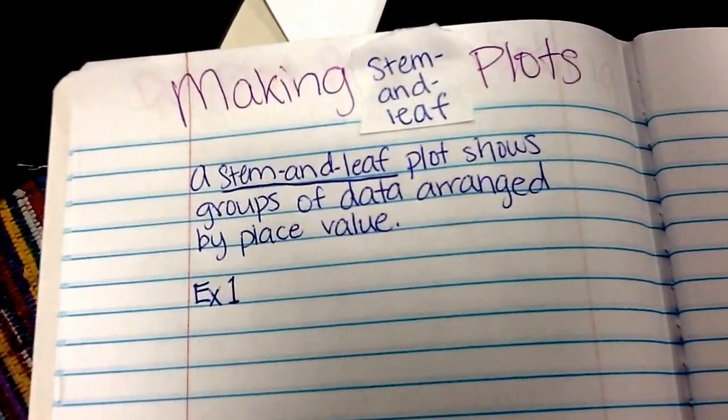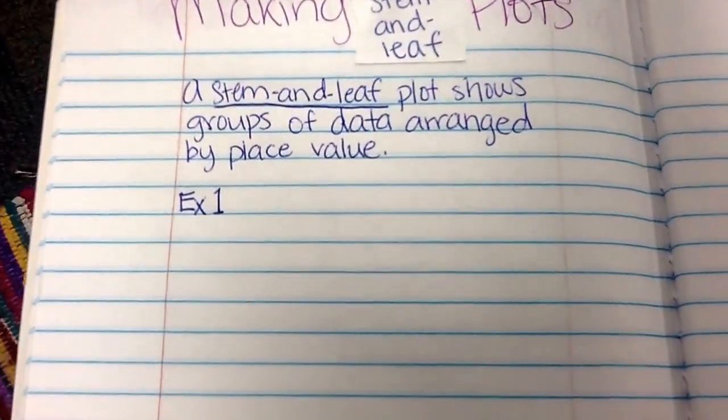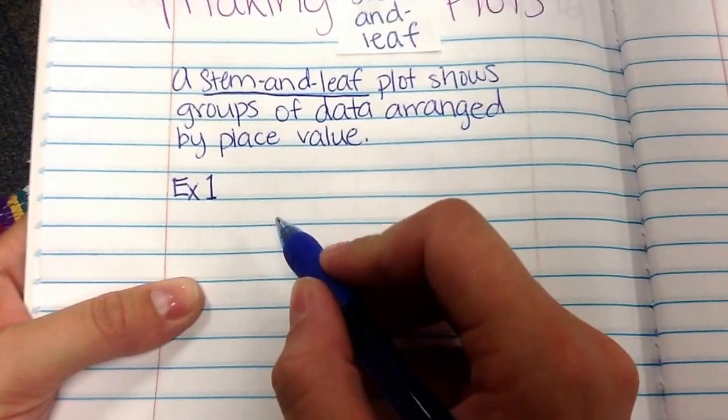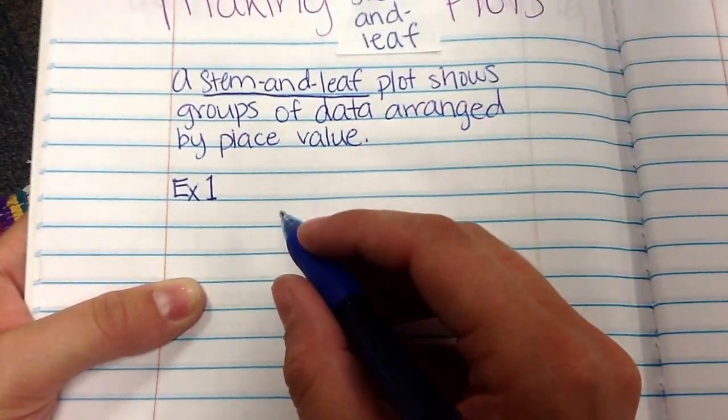Alright, if you have written down your definition, I'm going to go ahead and write the question down. I need you just to write it also. You can either follow along or stop and pause the video.